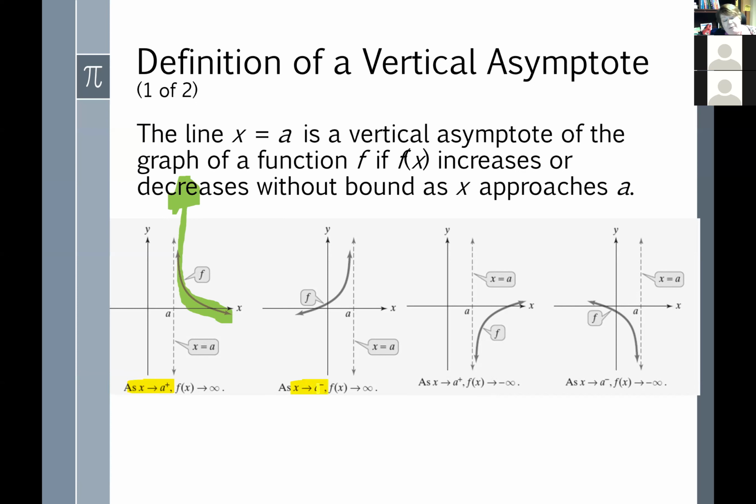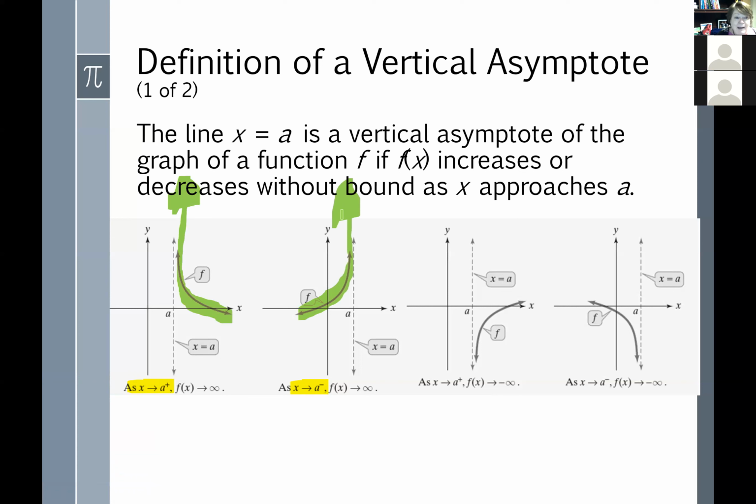As the graph is approaching that line x equals a, it can't touch it, it can't cross it, it increases without bound. So just like in the previous graph, we're approaching from the negative direction, we can't cross, we can't touch, we increase without bound. Now the second two graphs demonstrate decreasing without bound.